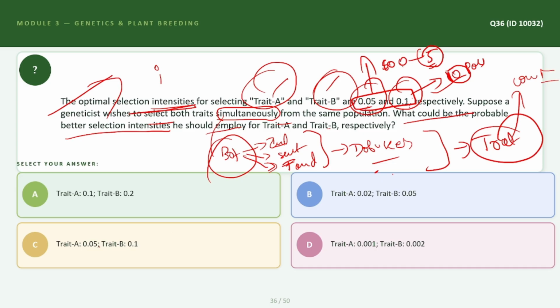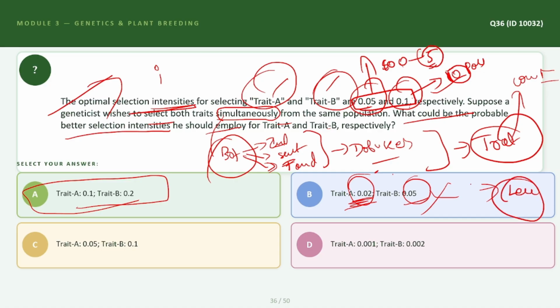So you just check where this is possible. Only this is possible. See, here the stringency is more, 0.02 and 0.05. It is not the answer because you are selecting very few plants here. But if you are combinedly selecting two traits together, you have to compromise with your intensity, meaning you have to increase the number of plants. Here also you see 0.05, it cannot be the same.